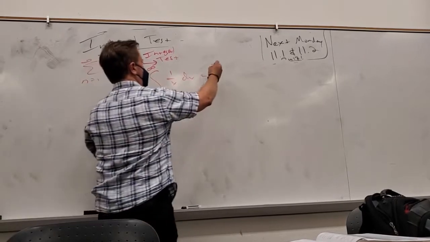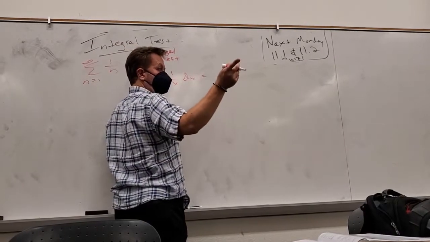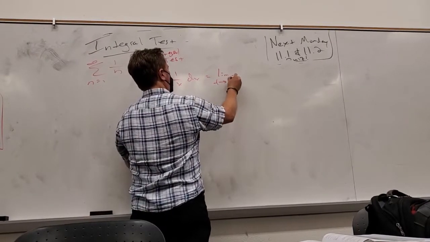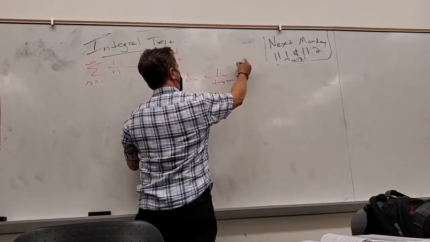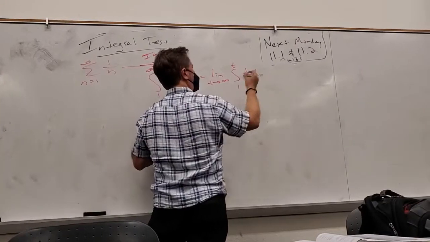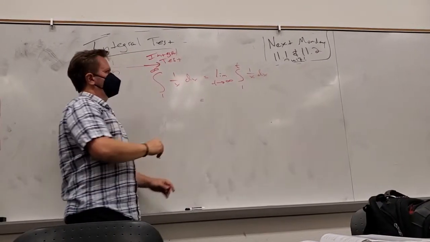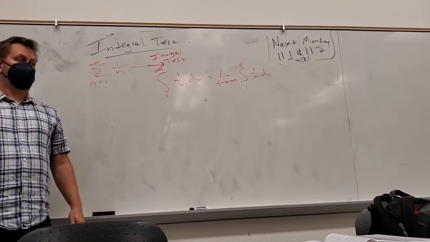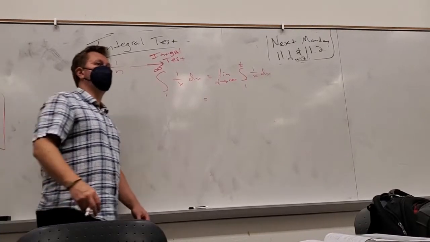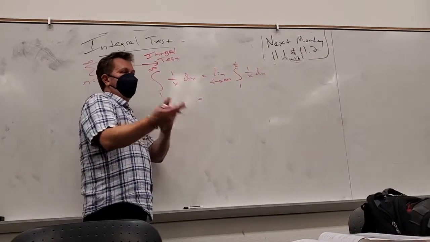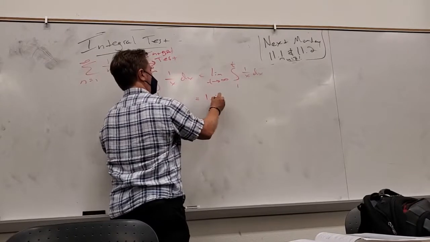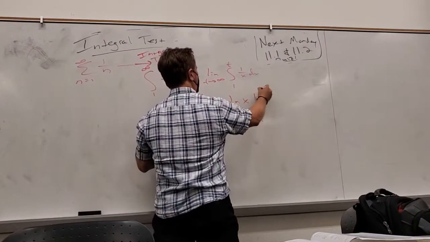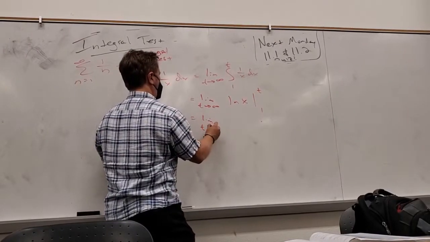What do I have to do first though? Somebody else said it earlier. I have an improper integral, right? So what is that integral, of course? Natural log of x, from 1 to t, limit as t goes to infinity.